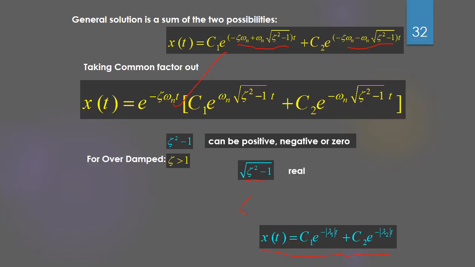And as we know that zeta squared minus 1 can be either positive or negative or 0, for an overdamped solution, zeta should be greater than 1, as we have studied in vibration. Then after solving it, we know that the square root of zeta squared minus 1 always has a real solution, and these are the two possible solutions of being overdamped.